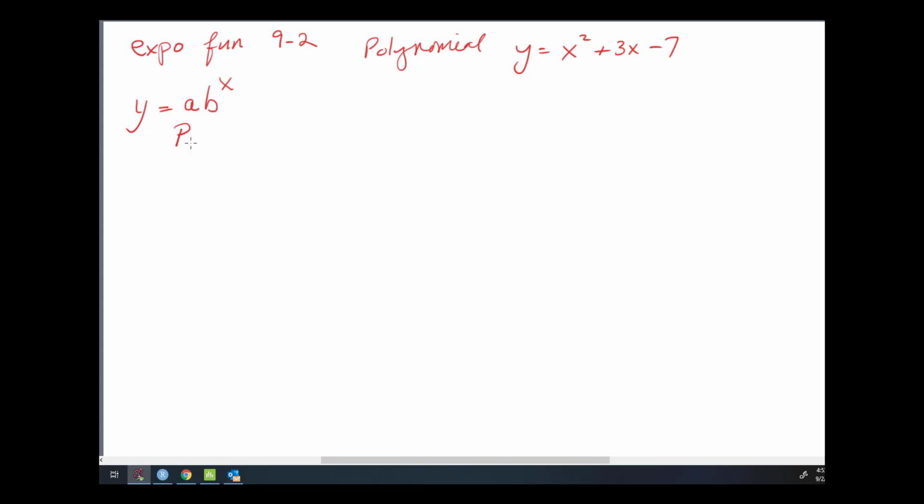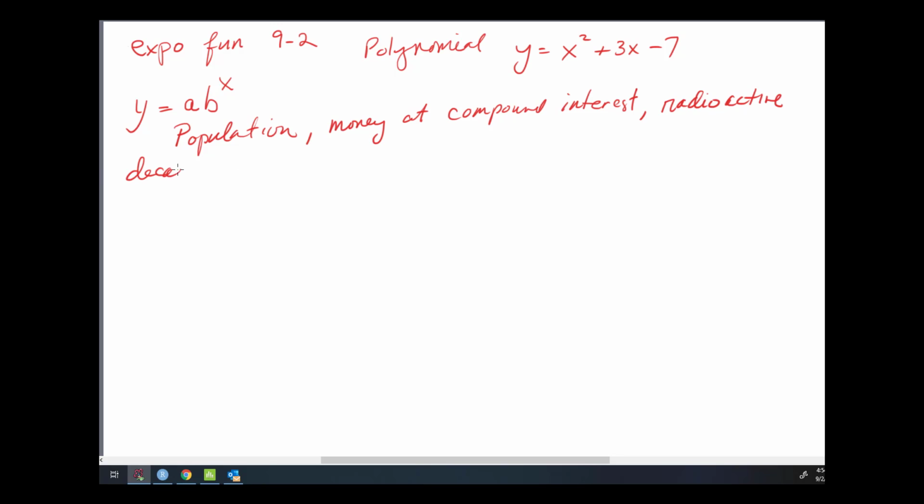And things that grow exponentially are typically populations or money at compound interest rates, or one of my favorites is radioactive decay.